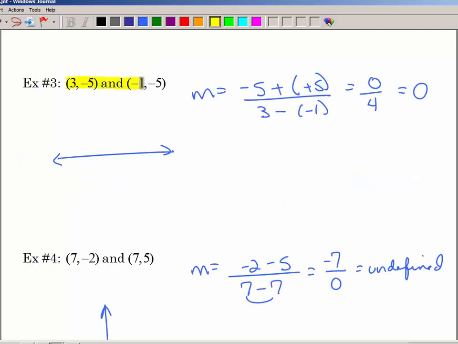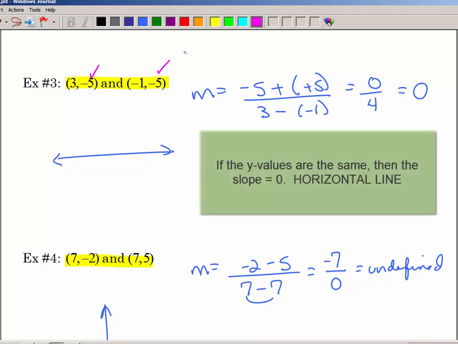But I want you to go back and look at that example and notice something. Do you see some numbers that are the same or repeated? If you can kind of just look at that and know if the y values are the same, you're going to get a horizontal line because the y values are all going to be the same.